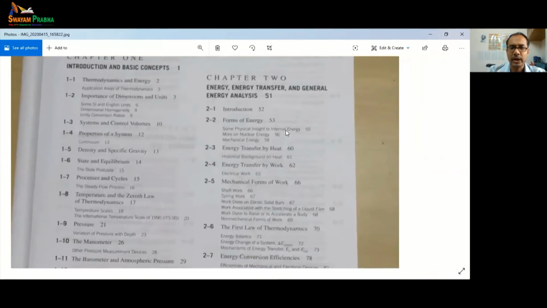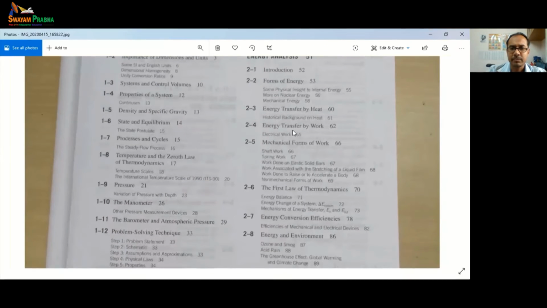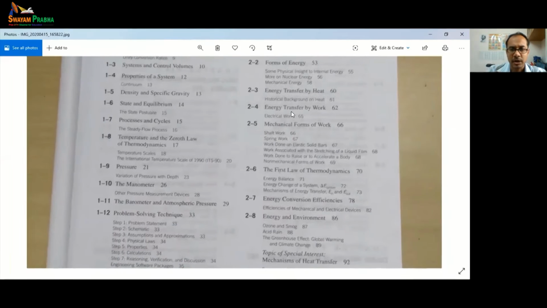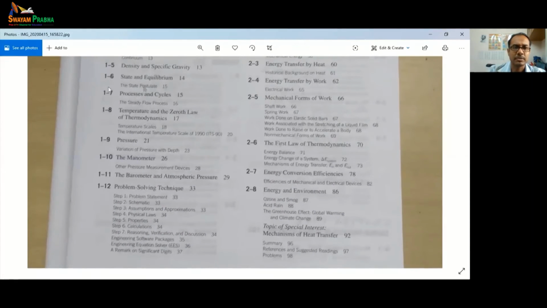Now we are going to look at few problems from chapter 2, which talks about energy, energy transfer, and general energy analysis. From this chapter we will take up few problems.